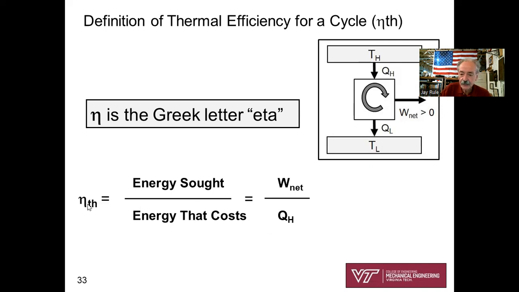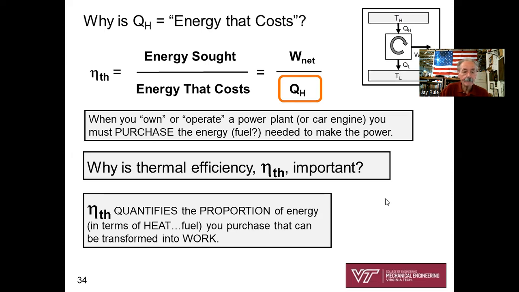The thermal efficiency of a heat engine, a system operating in a cycle, is energy sought over energy that costs. Please try to remember that. So why is QH energy that costs? Here's my answer: imagine that you own or operate a power plant, or a car engine.